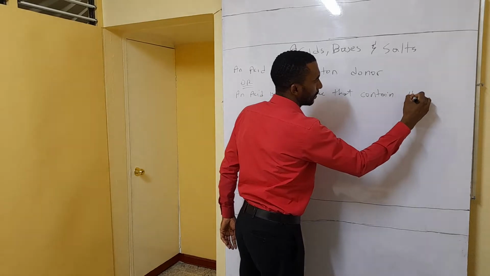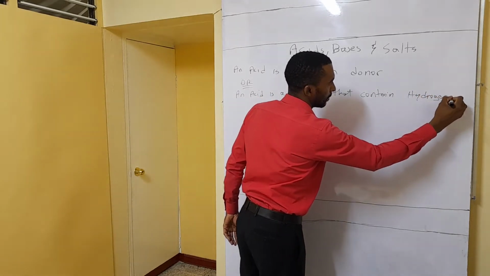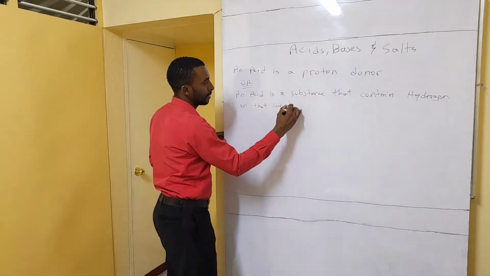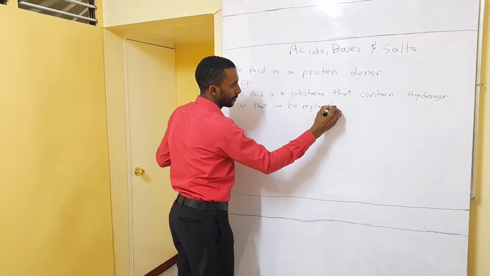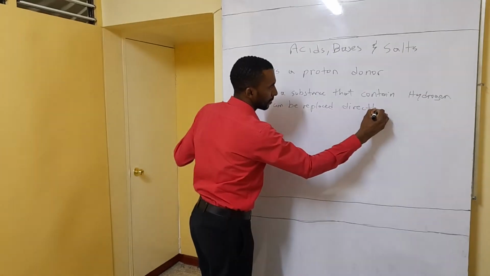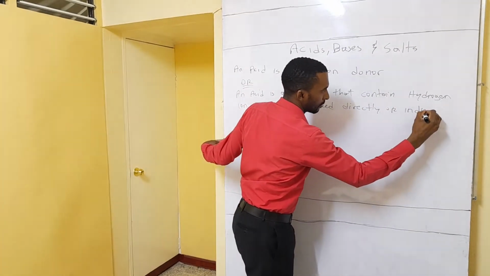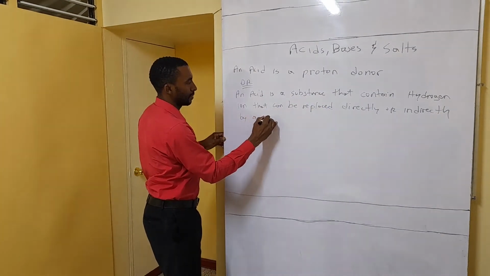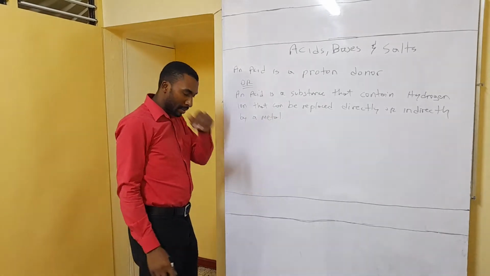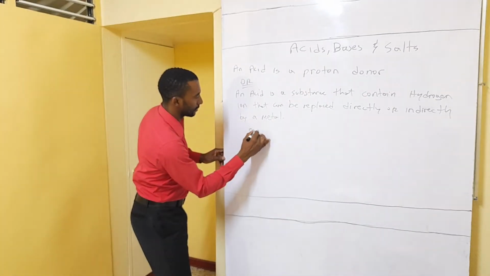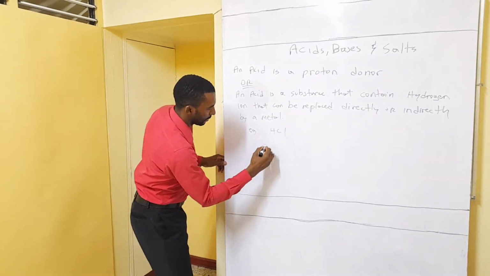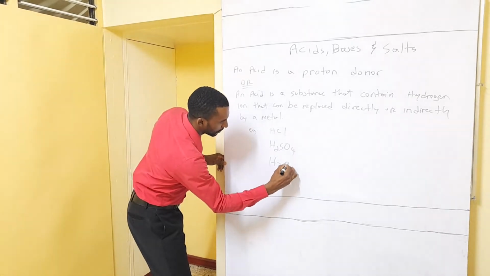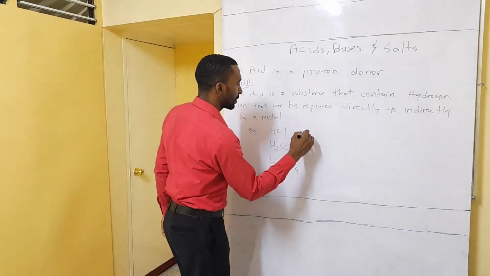Examples of acids: HCl, H2SO4, H3PO4. This is hydrochloric acid.